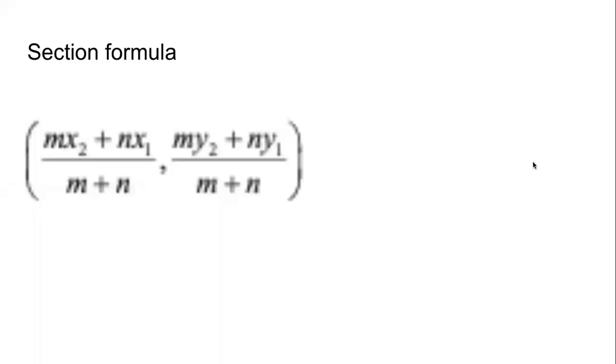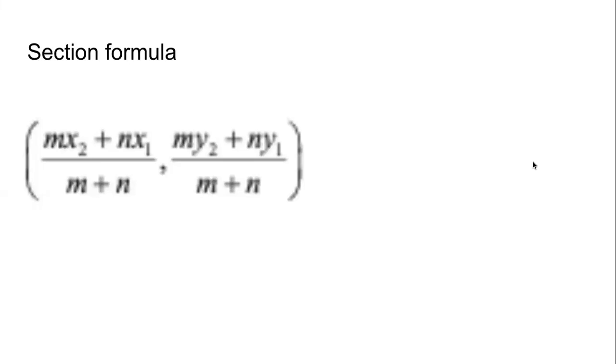Then we looked at division of a line, in which we studied the section formula. So if we have 2 points x1, y1 and x2, y2, the line segment joining them will be joining x1, y1 and x2, y2.